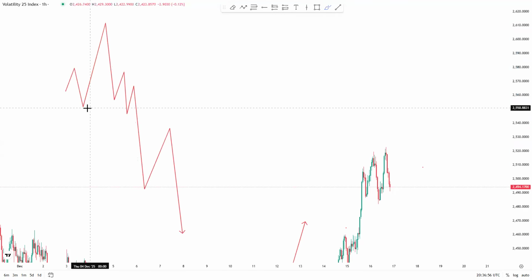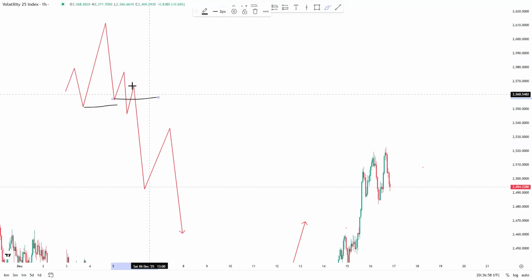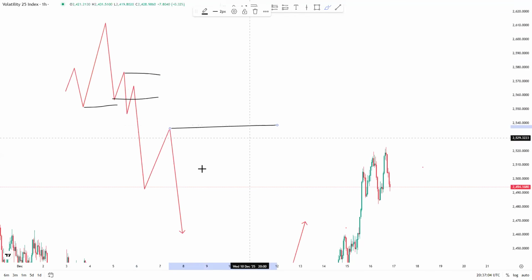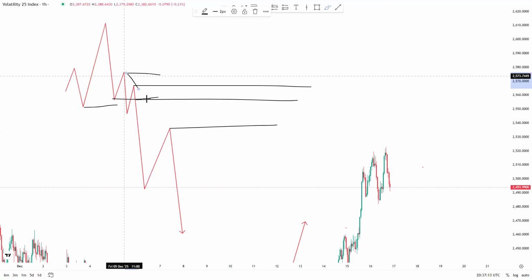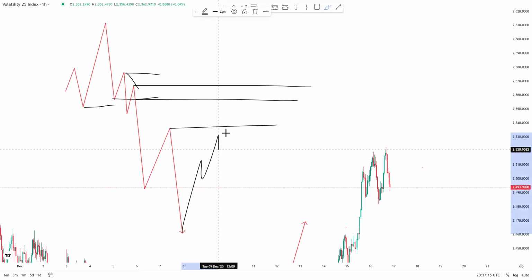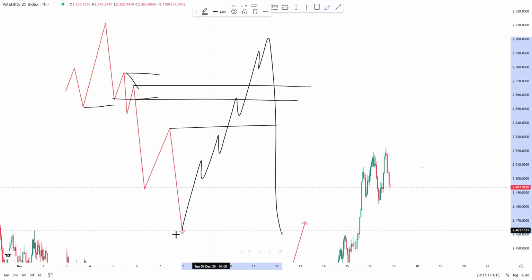This mitigation block has been mitigated before it finally broke massively to give you this B. You will not want to sell it here again, because this is now liquidity. So you wait for price to push, take it out and drop.